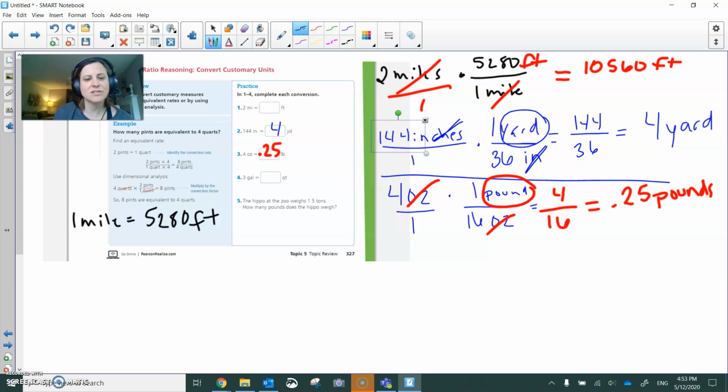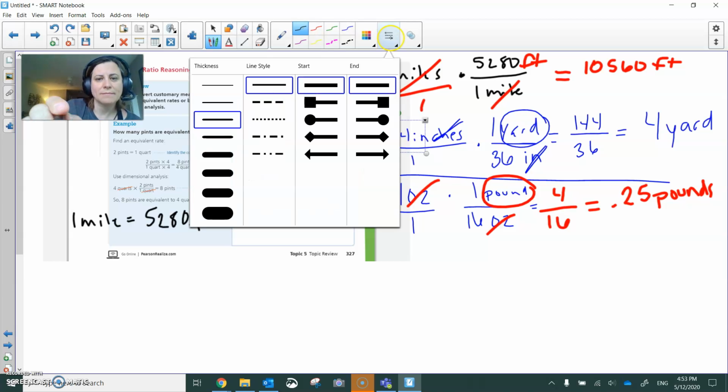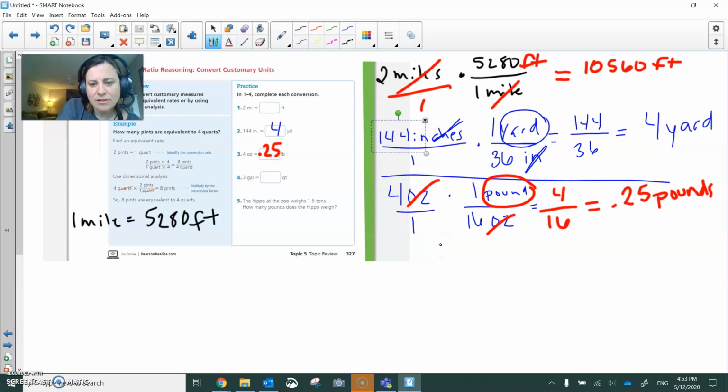Quarts and gallons. There's 4 quarts in a gallon. And what are they giving me? They're asking me about 3 gallons. So 3 gallons, that means I want gallons on the bottom. I'm turning this into quarts.